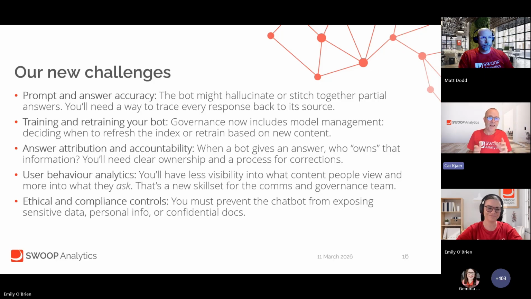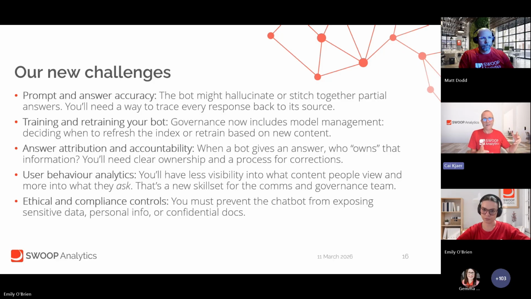But in all this, there are wonderful, exciting things happening as well. The ability to learn much more about what it is that people are trying to uncover on our intranet. You saw with the example I provided how much rich context we get for this flexible working policy and what they're trying to find out.